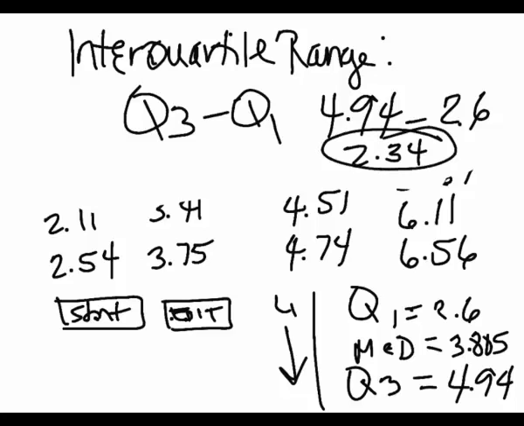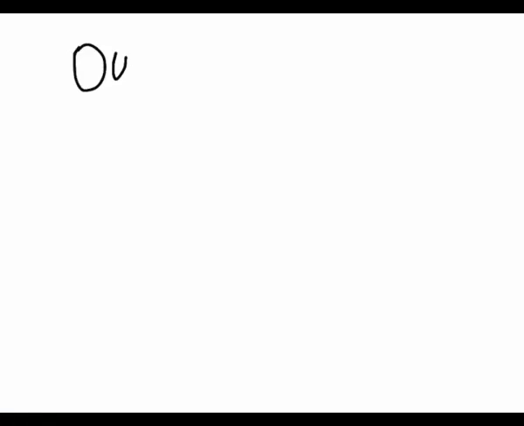The last thing I want to discuss is how to find outliers. Checking for outliers. Now, what's an outlier? An outlier is a piece of data that doesn't fit with your other data.